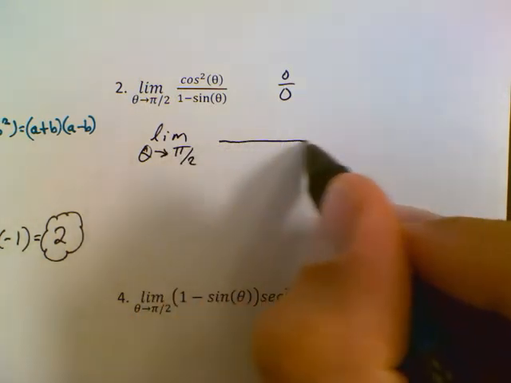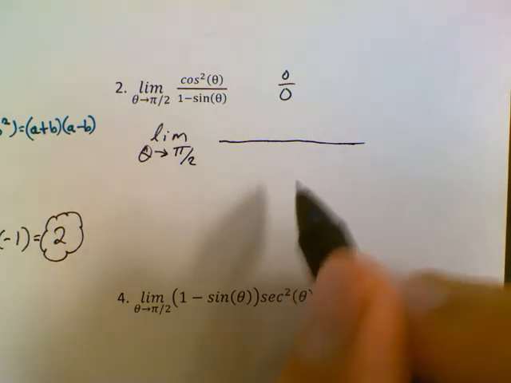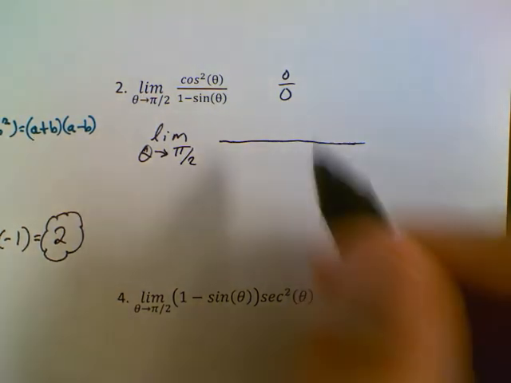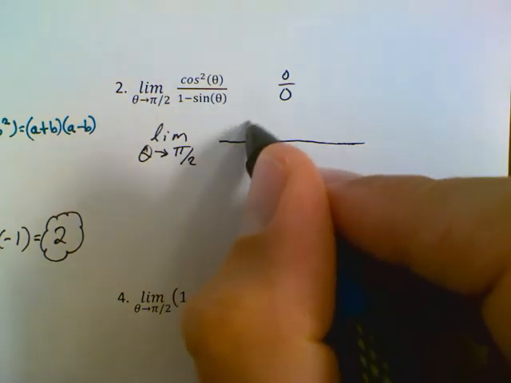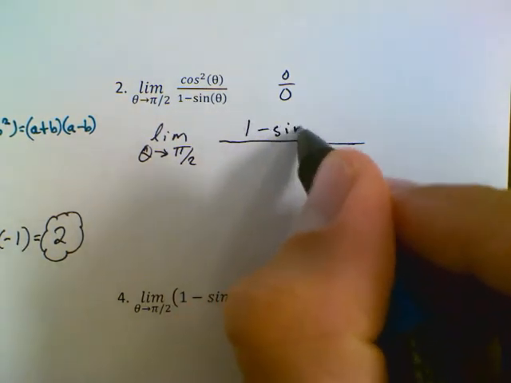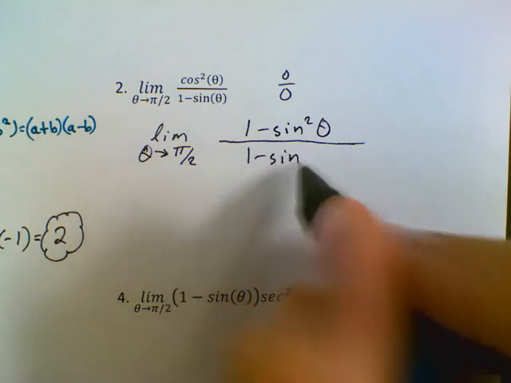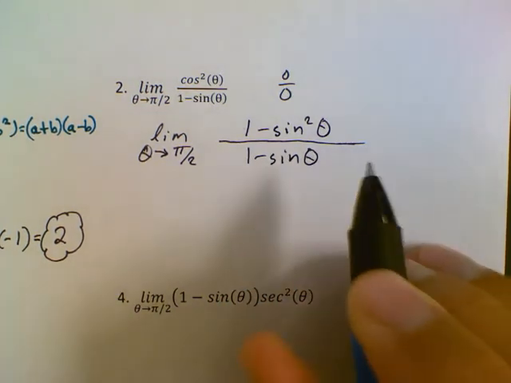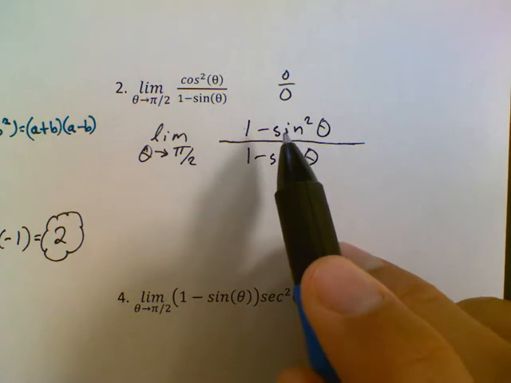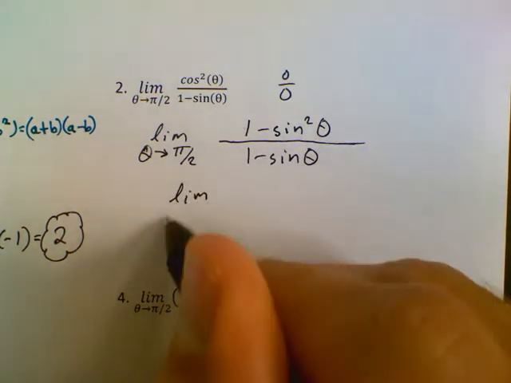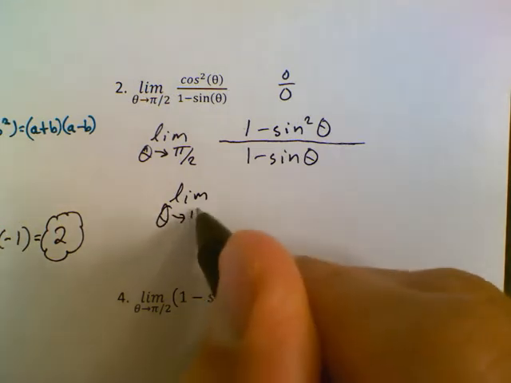And once we write the equivalent expression, we're hoping that some kind of factors will cancel. Well, if we've memorized that cosine squared is 1 minus sine squared theta, then we're still in a pretty good situation here. We have the difference of squares on top, so we'll say that the limit as theta approaches pi halves.